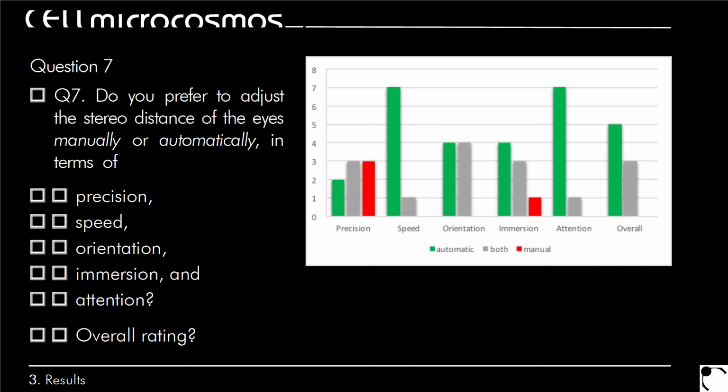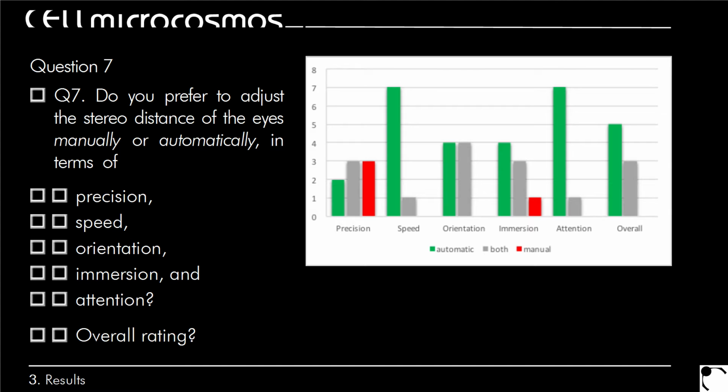In terms of speed, of course, the automatic effect wins. And also in terms of attention. This means if you have to change it manually, of course you have to focus on the space map or whatever you are using at the moment. It's a slider, and you don't notice what is going on in your environment. So this was the first very positive examples.